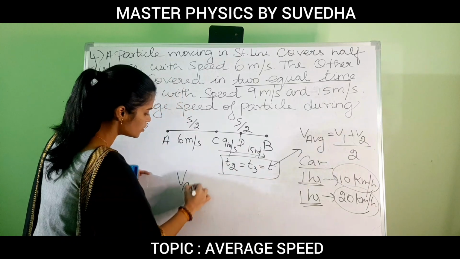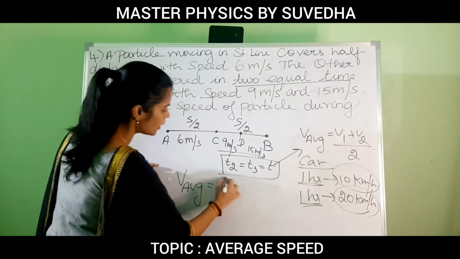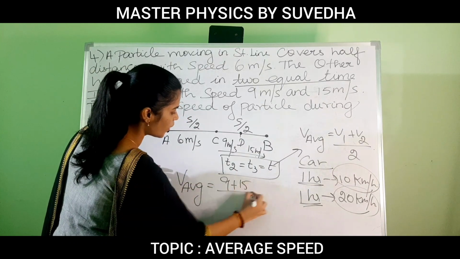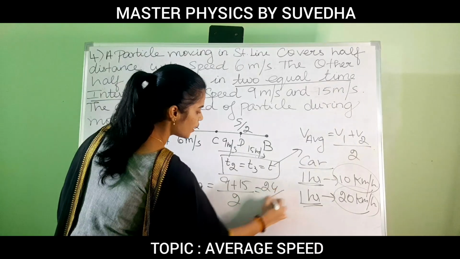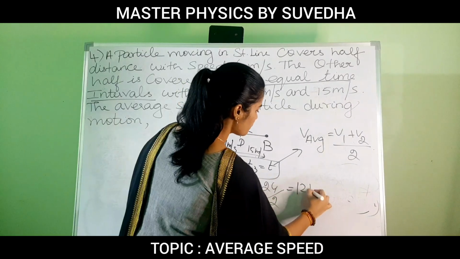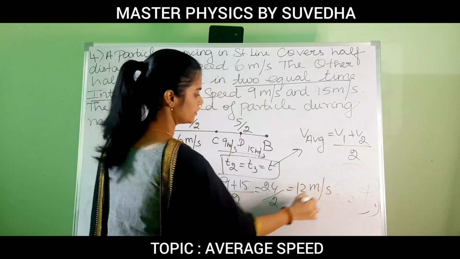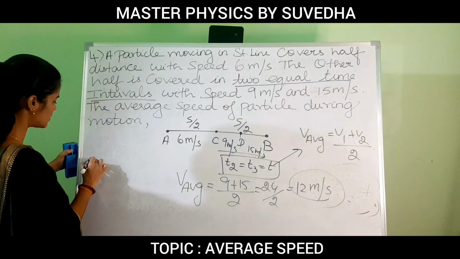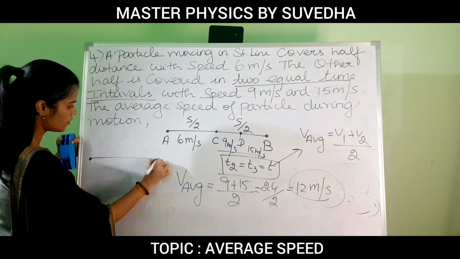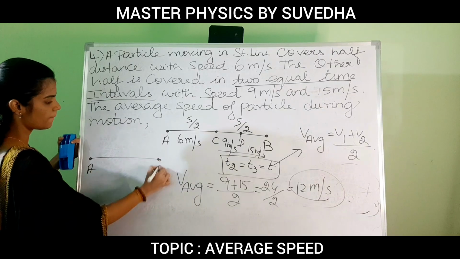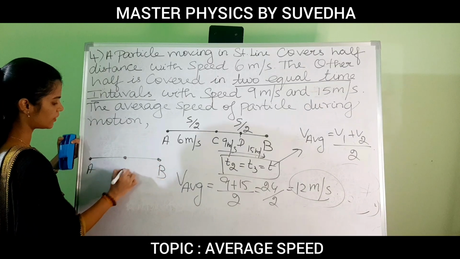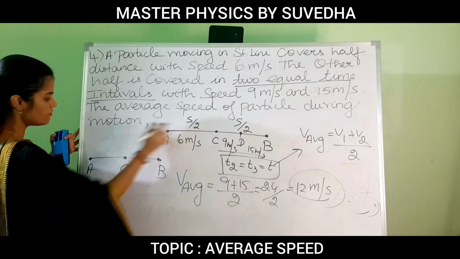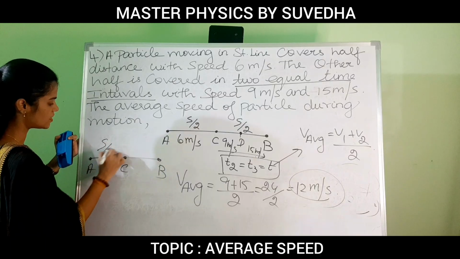So average speed equals 9 plus 15 divided by 2, that is 24 by 2, so 12 meter per second. Now just move into the next diagram. A, B here, and the midpoint I am considering as C. Now same, A to C covers S by 2.